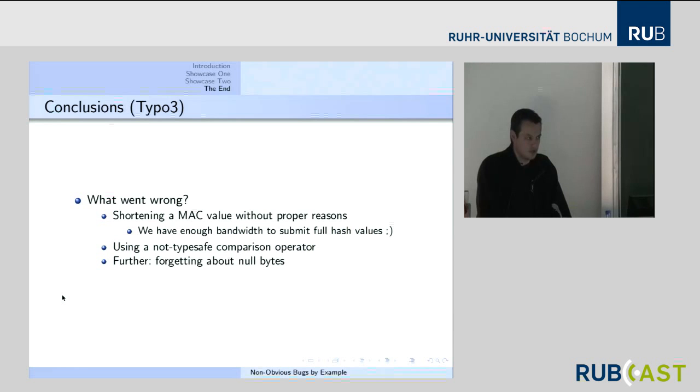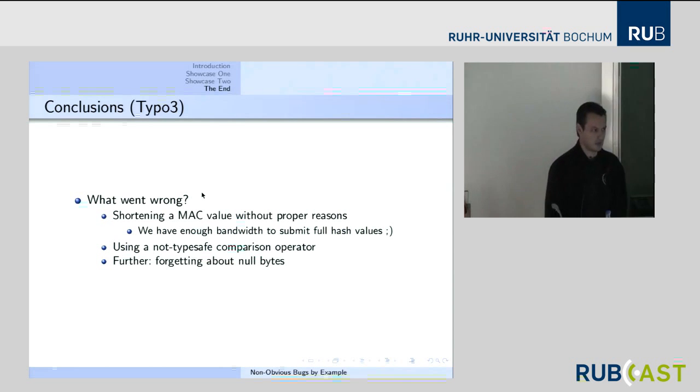Just at the end, some conclusions. What actually went wrong here? For the typo 3 case that we have seen in the first demo, they shortened a MAC value without real proper reasons. Because I just assume we have enough bandwidth to transfer the whole amount of 16 bytes.